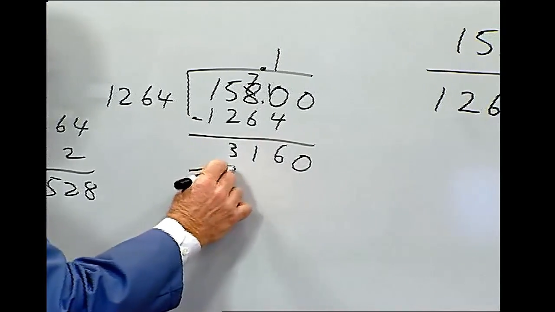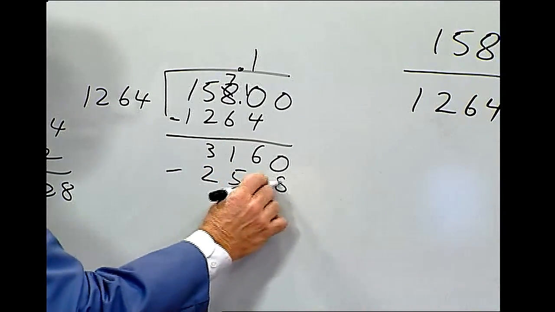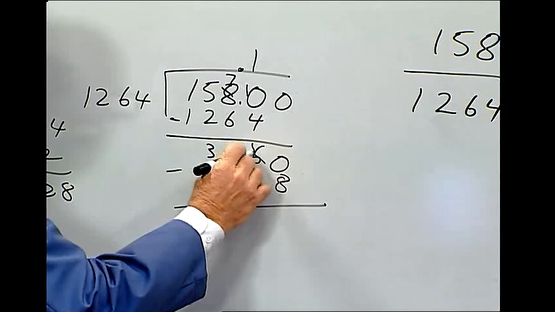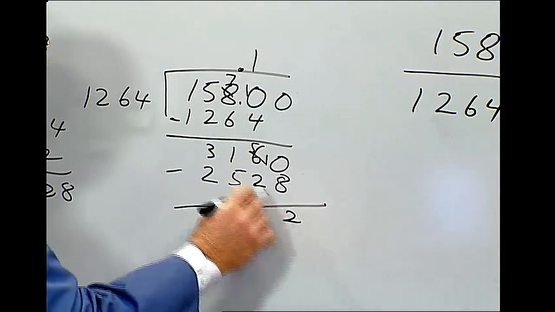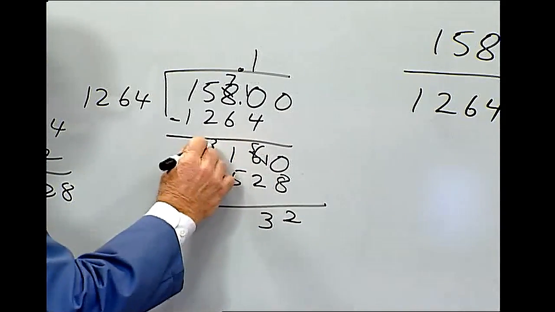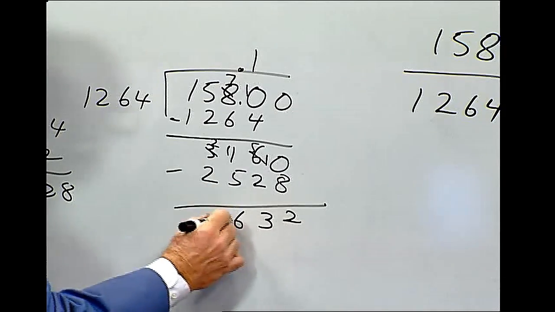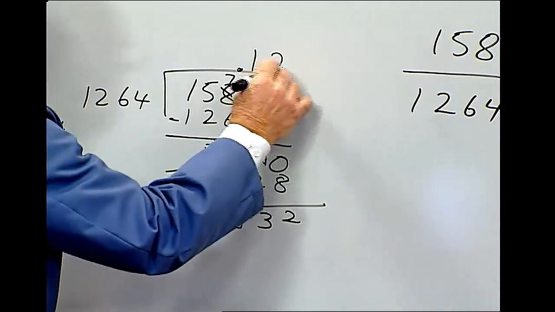Let's subtract 2, 5, 2, 8. That would be 2, be 3. That would be 6. Again, that would be 2 times over here.